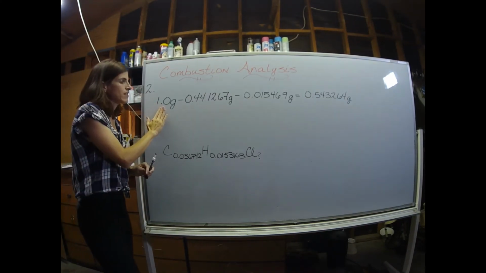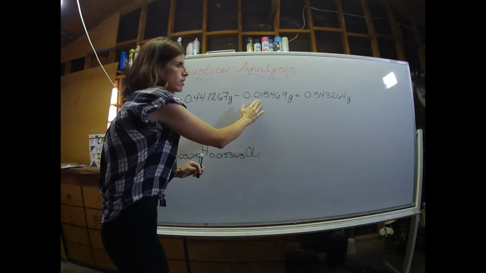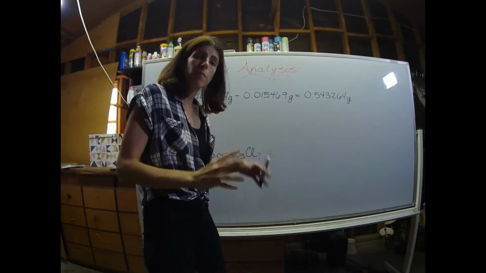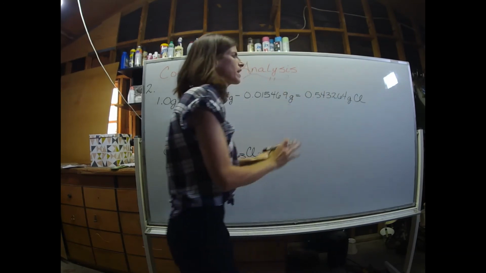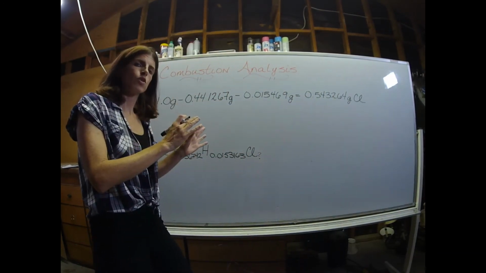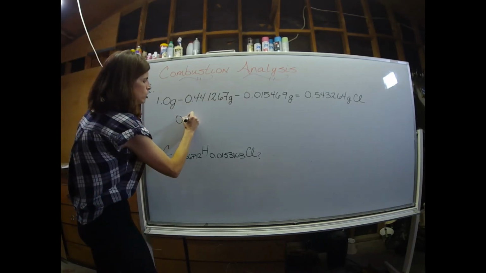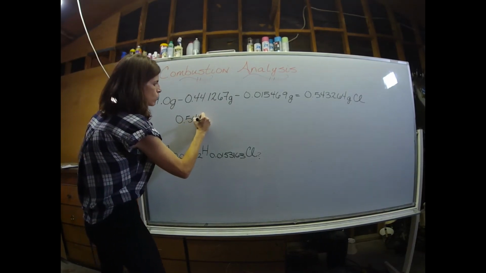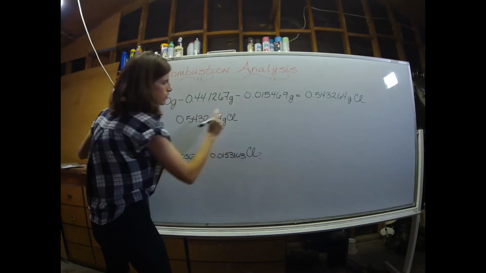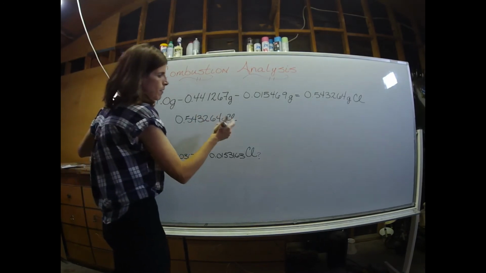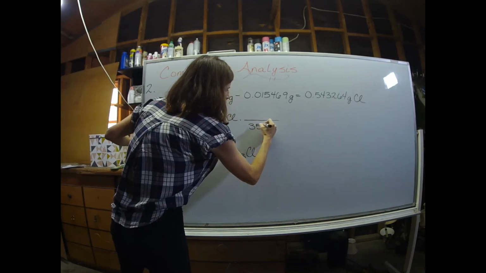I took the mass of the sample before combustion, subtracted out the carbon and the hydrogen, and I'm going to attribute the remaining mass to chlorine. Can't really do much with the mass of the chlorine, so we need to convert that to moles of chlorine. This should look similar to what we do with the oxygen, except instead of dividing by the atomic mass of oxygen, I'm going to use the mass of chlorine.